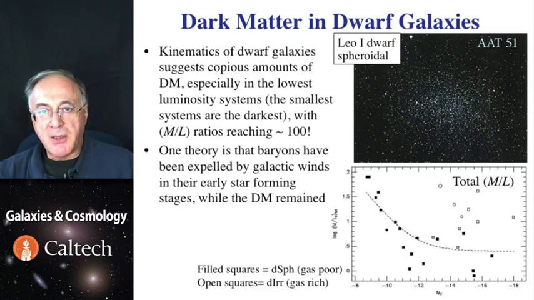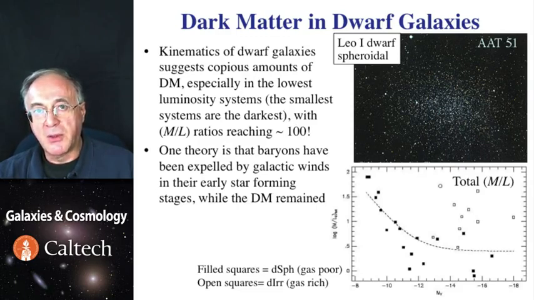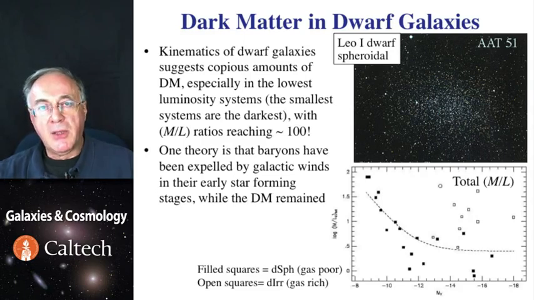And we evaluate that in exactly the same way as before. We use their stars as test particles, probing the gravitational potential. We measure their velocity dispersion as a function of radius, and we derive the amount of mass needed in order to bind these stars to a galaxy. The mass-to-light ratios reach levels of 100. Recall that for a pure stellar population, the mass-to-light ratio would be of the order of a few.